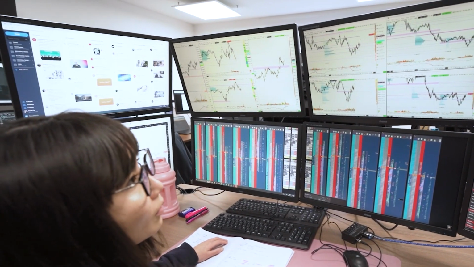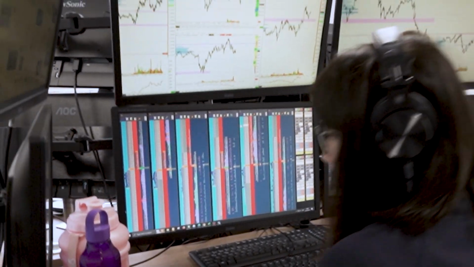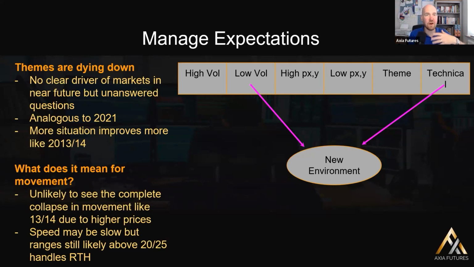Those 10 tick ranges were appearing when we were down at 1,000. So it's around about a 1% move. So, yeah, I think you're starting to fall down. 25 might be around about the lows of volatility that we might see now. So it manages your expectations of how much you can get out of a day.